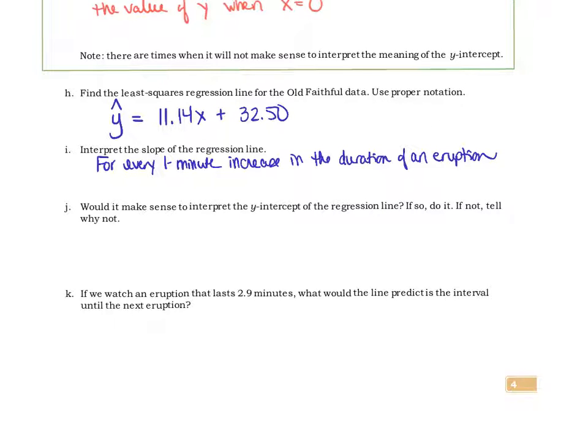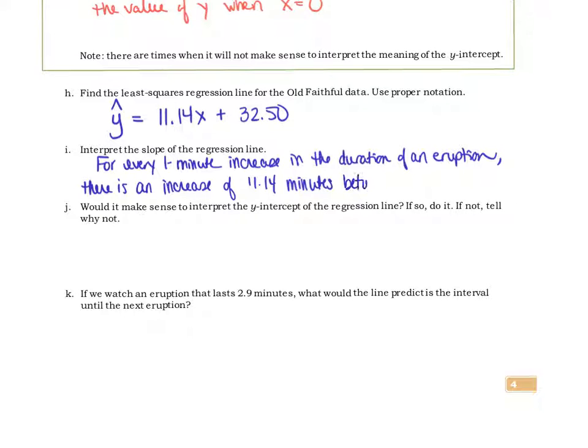Okay, so for every 1 minute increase in the duration of an eruption, then the slope, 11.41 minutes, and it's positive, right? So that means there is an increase, that's the positive part, of 11.41 minutes in what?